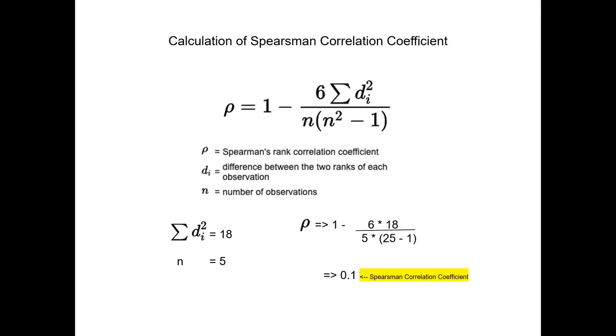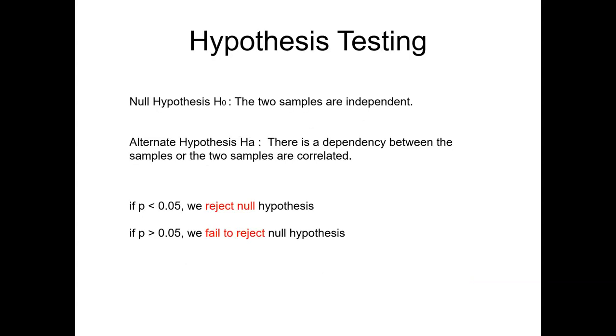Now coming to hypothesis testing, how we can do that. In hypothesis testing, the null and the alternate hypotheses are as follows. The null hypothesis says that the two samples are independent, and the alternate hypothesis says there is a dependency between the two samples, or the two samples are correlated.